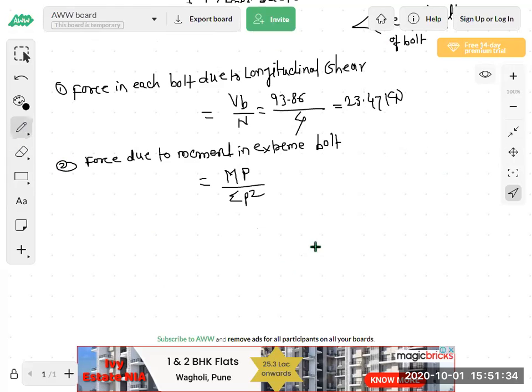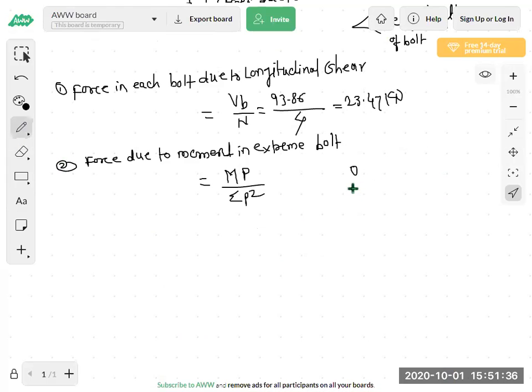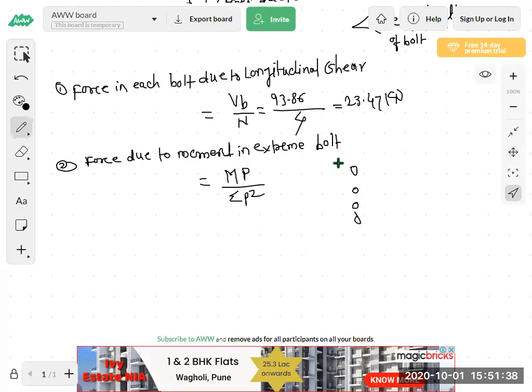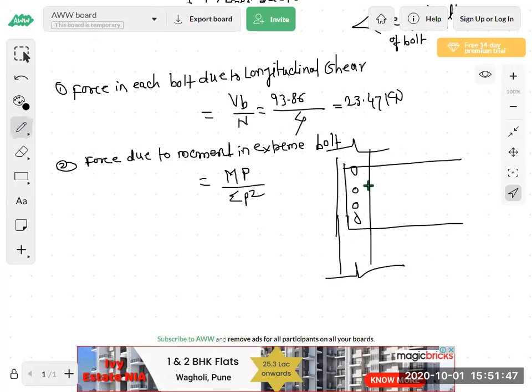See, actually there are a total of 4 bolts. This is the column and this is the batten. So here 1, 2, 3, there are 3 pitches because 4 bolts are there. Are you getting?